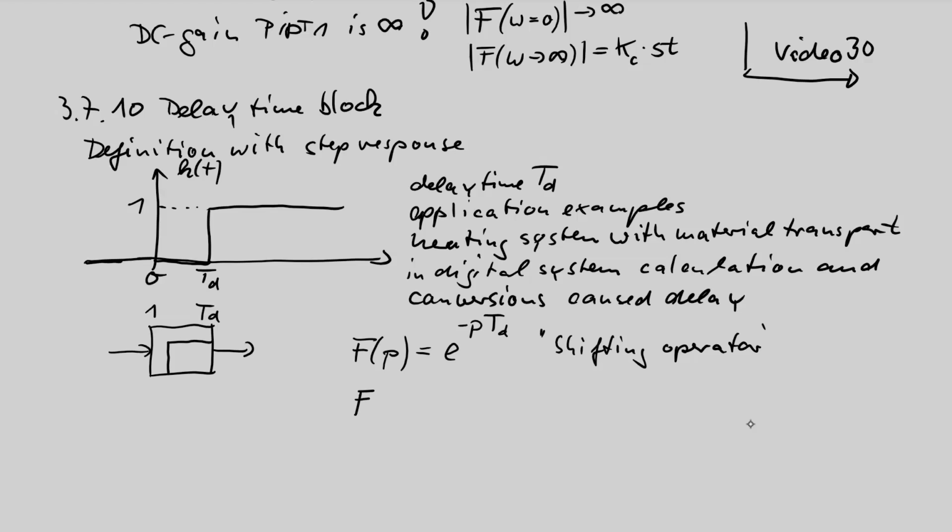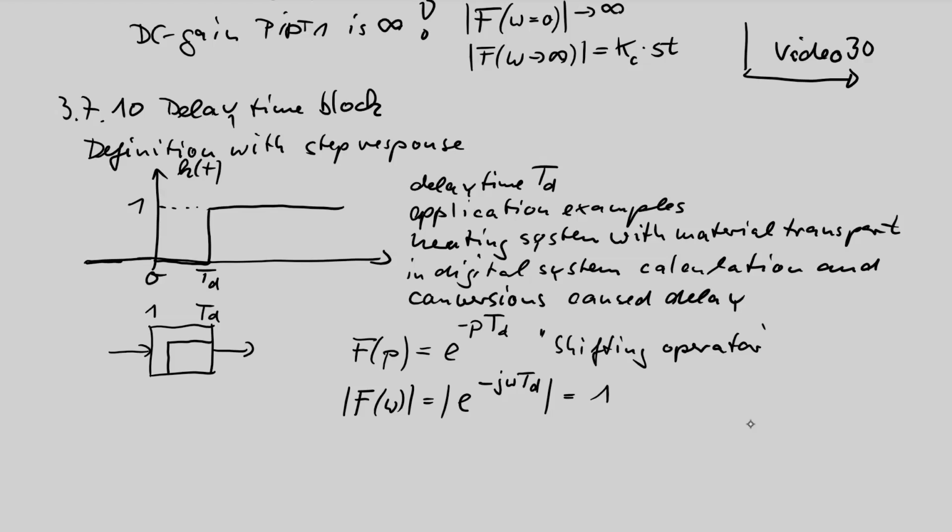The magnitude of this function is the magnitude of e to the power of negative j omega Td. And if the exponent is purely imaginary, then we can convert with Euler into a cosine and j sine function, and the magnitude of this is 1.